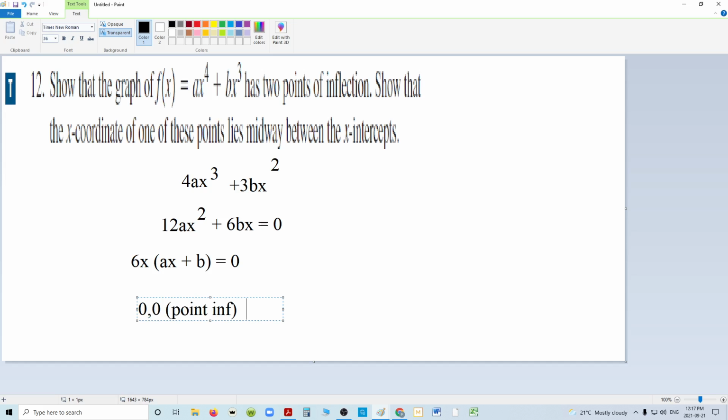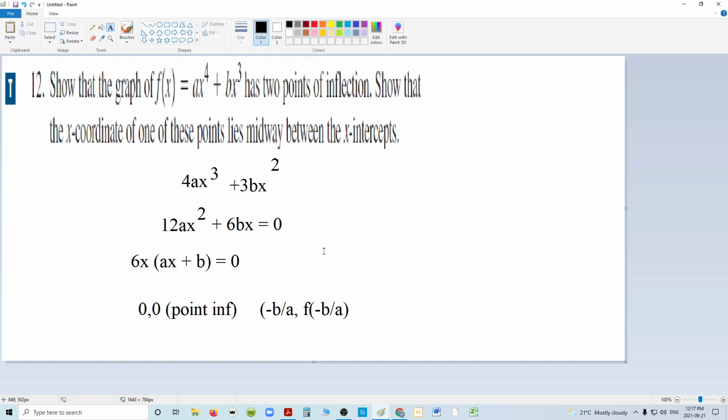And the other one when x is minus b over a, and f of minus b over a, whatever that is, will be another point of inflection. So there are indeed 2 points of inflection. The x-intercepts depend on the factors. So I can factor out both.